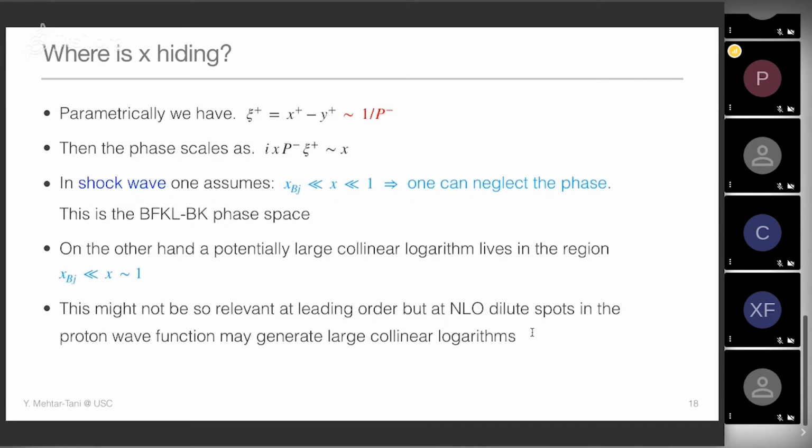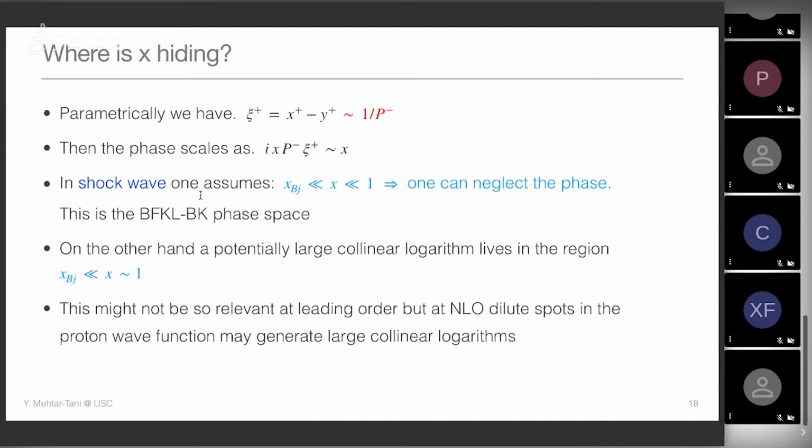When is small x physics valid, and when do we expect it to break down? As I said, you have the phase, and if you assume that the target has a longitudinal extent of order 1 over p minus, which is 1 over root of s, then the phase is of order x, being again the Feynman x.